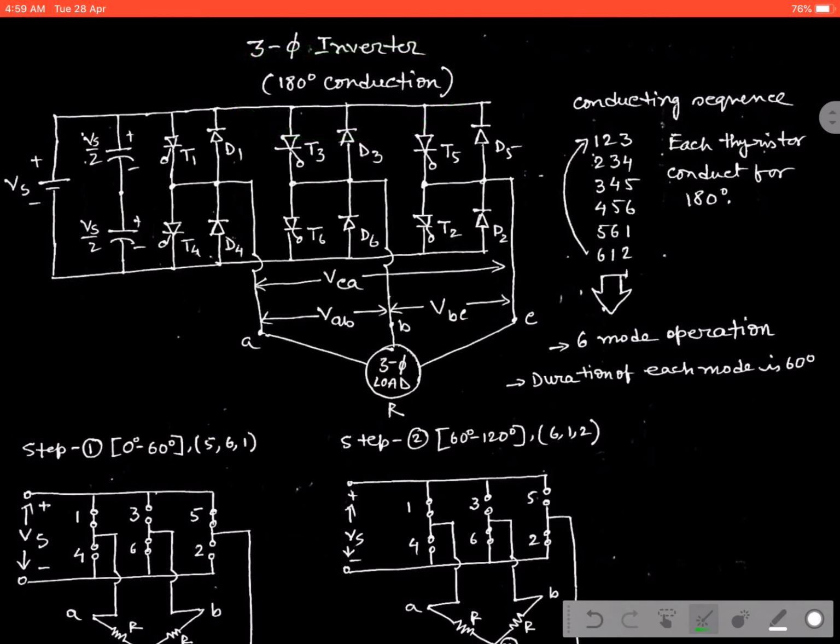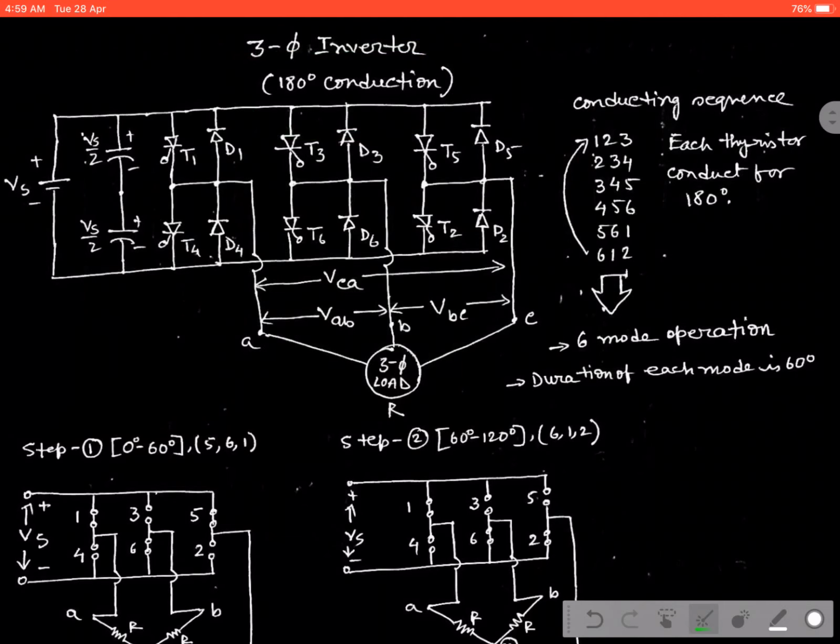Now here, see one thing: we can consider only 4 modes of operation, through which we can conclude what the behavior will be for the 6th mode and onward. That is why here we consider 4 modes of operation. The first mode, suppose from 0 to 60 degrees, the switches 5, 6, 1 become on.